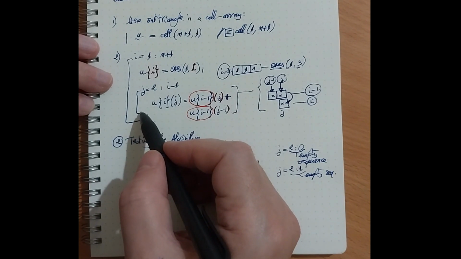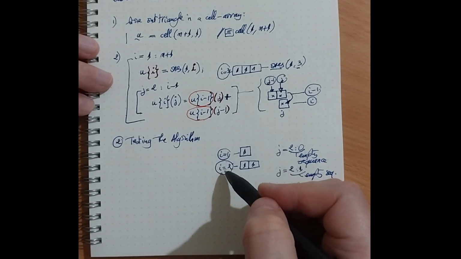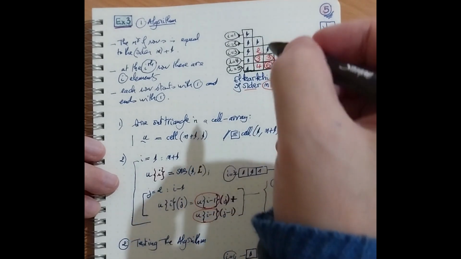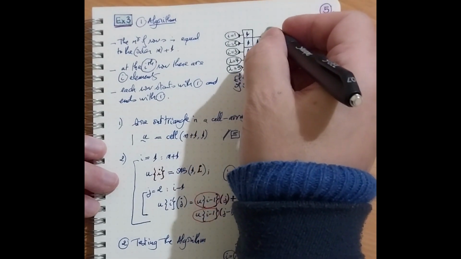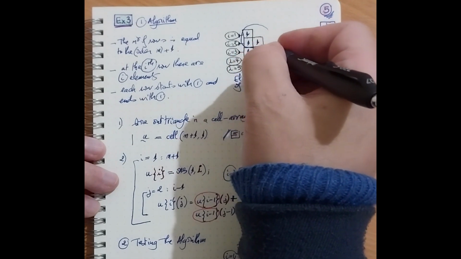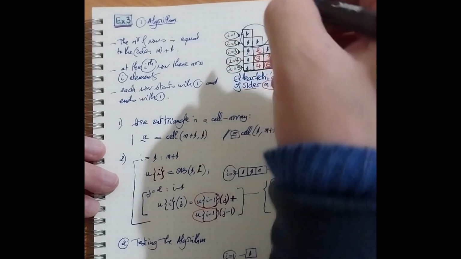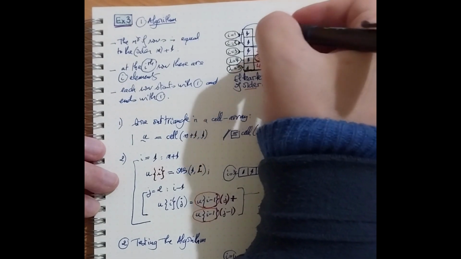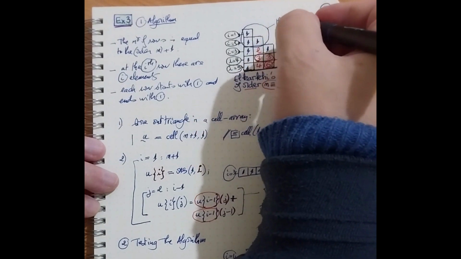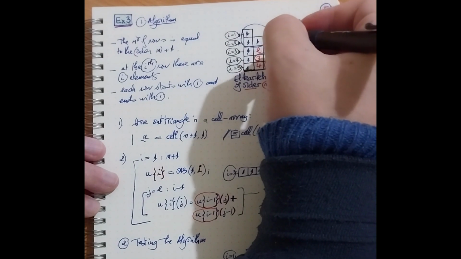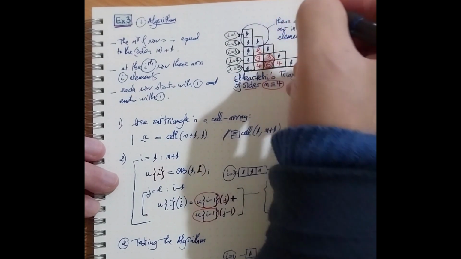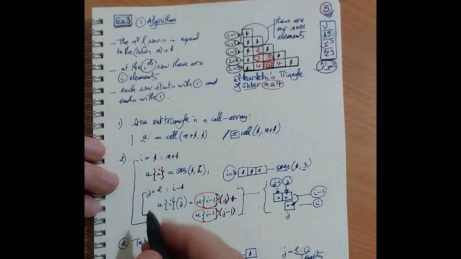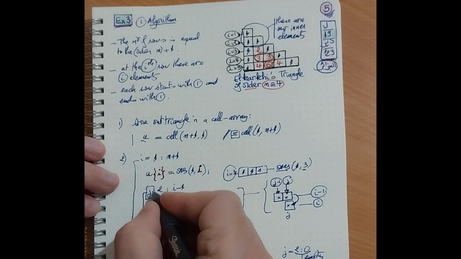This loop will not be executed for I equal 1 and I equal 2 because in these first two rows there are no inner elements. That's why the loop j will not be executed.